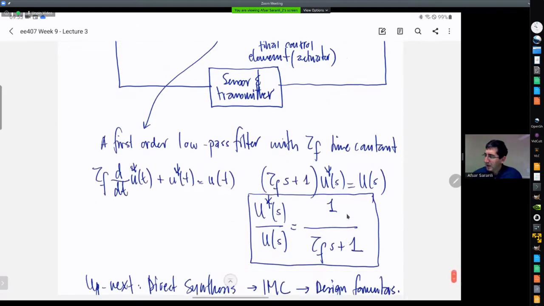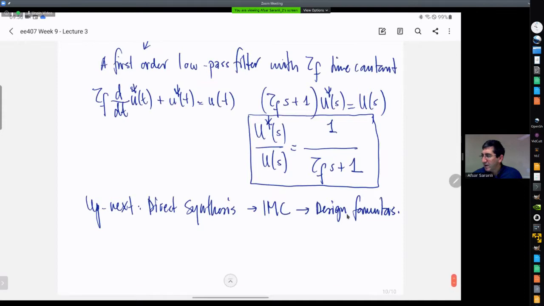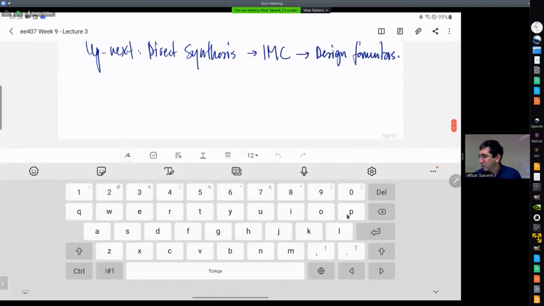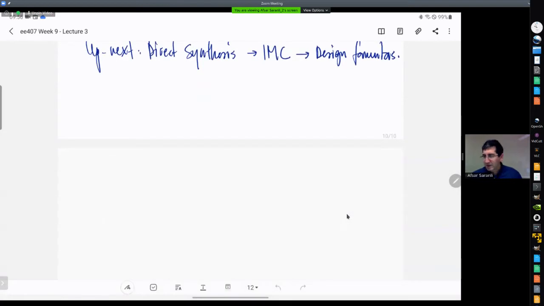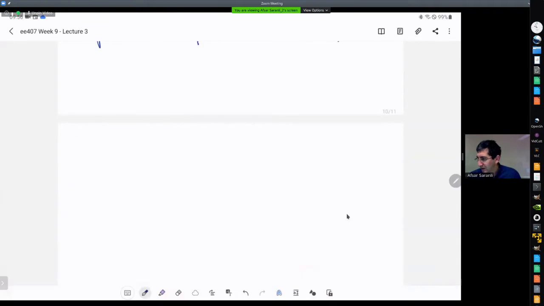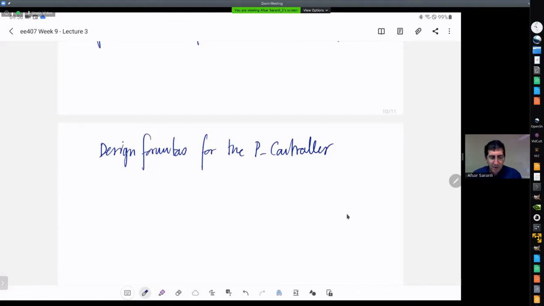Okay. Let me also, as a final note here, write down the design formulas for the P controller, which were not given in the table. These are based on what is called the integral of time-weighted absolute error.